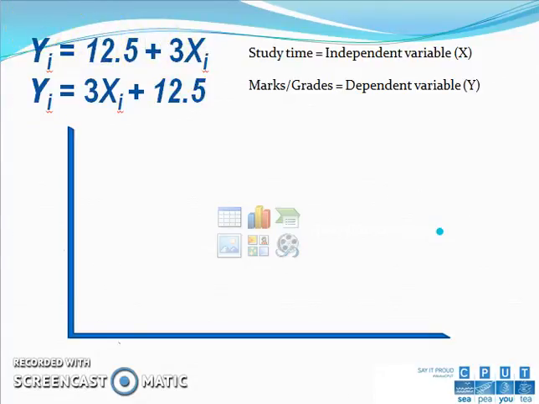The reason why we do that is, say for argument's sake, that the intercept was 0. It won't be the case in terms of study time and grades, because you can't get a negative mark.